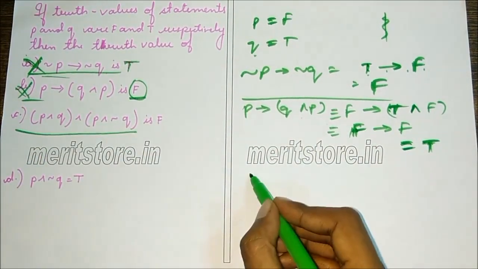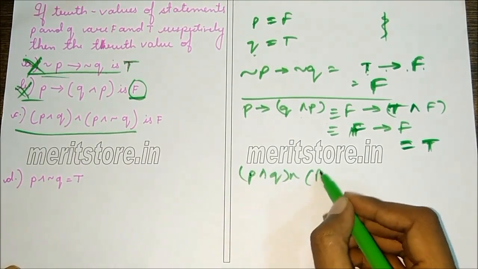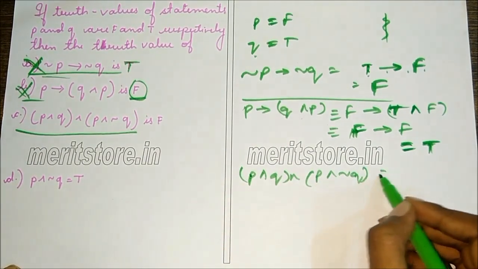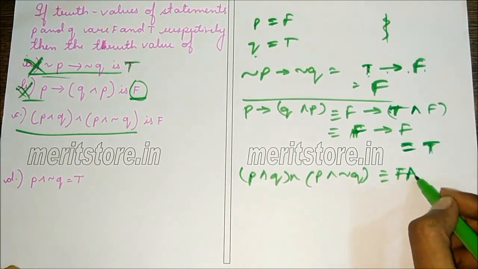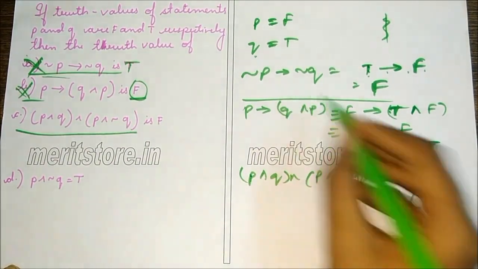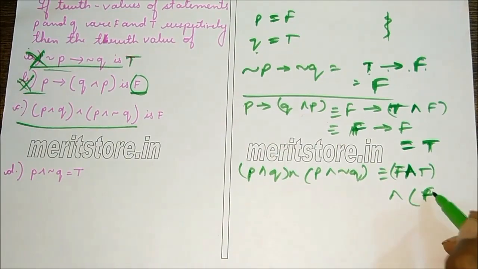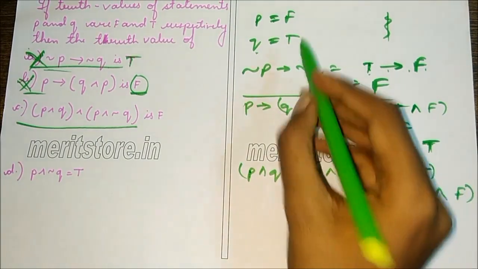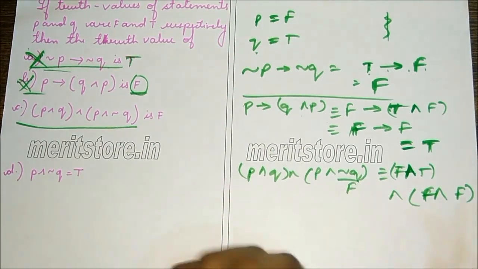Let's check C. So C is P and Q and P and negation Q. So this is equivalent to P is false and Q is true, and P is false and negation Q, that is false, since Q is T, so negation Q is false.